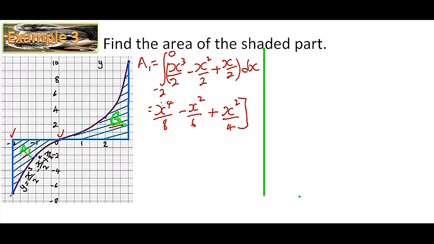We put our bracket, and our limits are from minus 2 to 0. So when you start by substituting 0 for x, since we have x to power 4 divided by 8, that will be 0. The second term will also be 0, and the third term will be 0. So we can say that when you substitute 0 for x, you get 0.